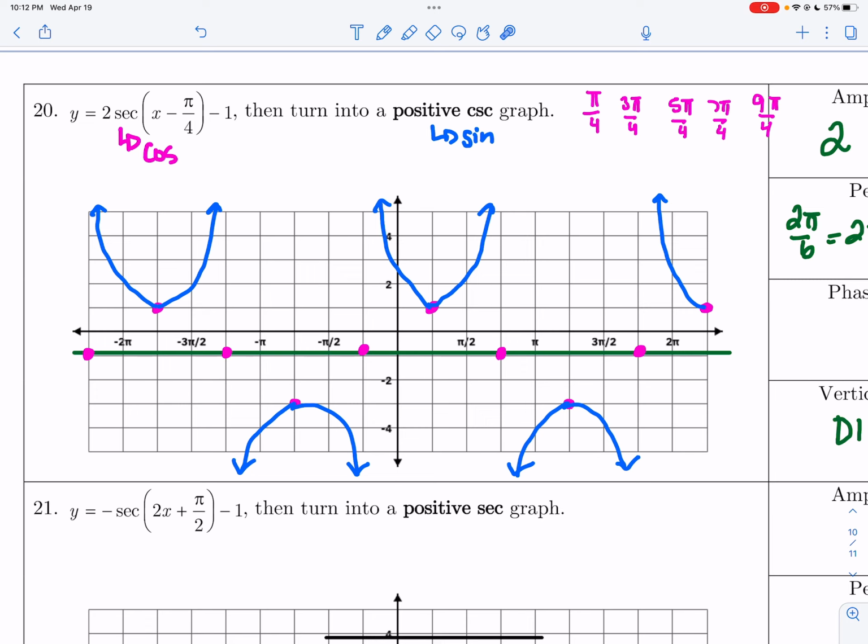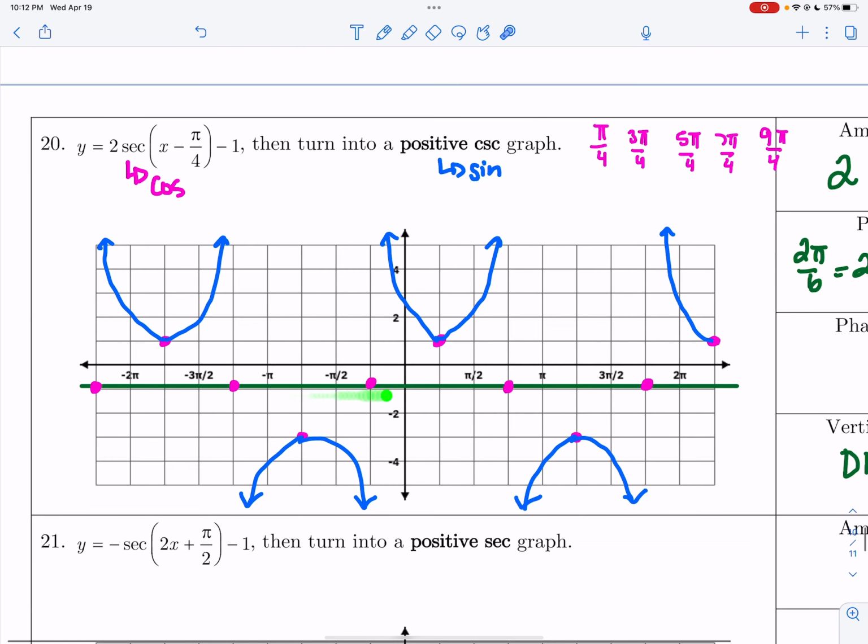And then figure out what my phase shift is. Remember that my sine graph, it's going to start at the midline. So right here, and then it is going to go high. So I'm not going to start here because if I go to my midline, I'm going to go low. But if I start here, I'm going to go high. Meaning that this point right here is going to be my little phase shift.